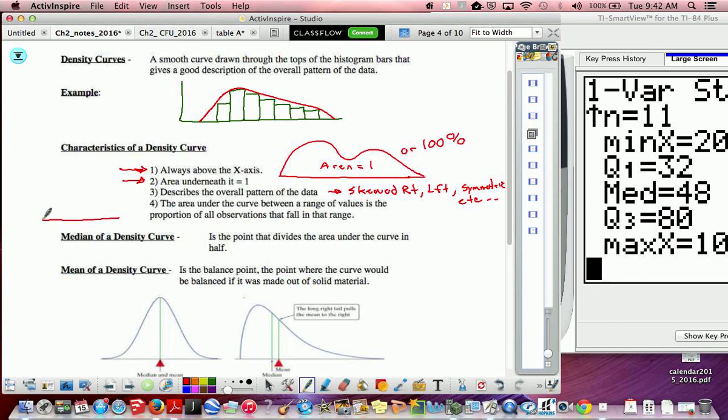Say, for instance, our test scores on the first exam go from 0 to 100 points, and I want to find out what proportion of students scored between, say, 70 and 90 on the test. What I would be doing is looking at that area in between those two scores.